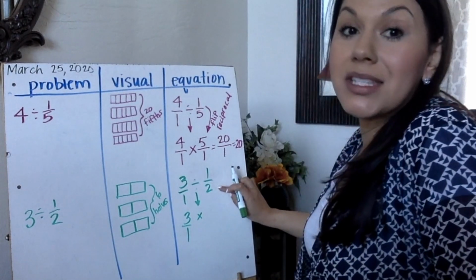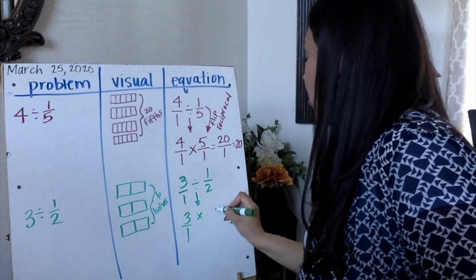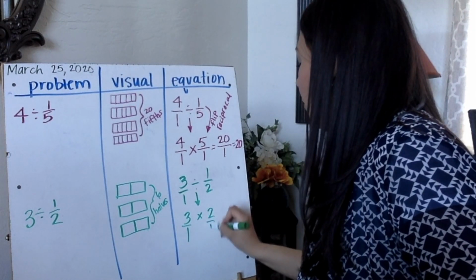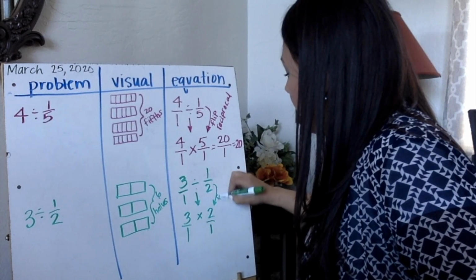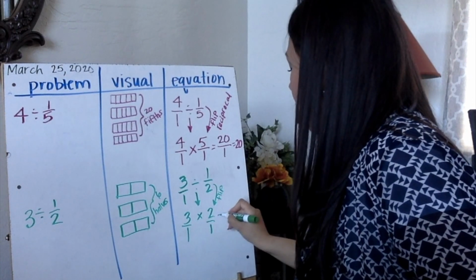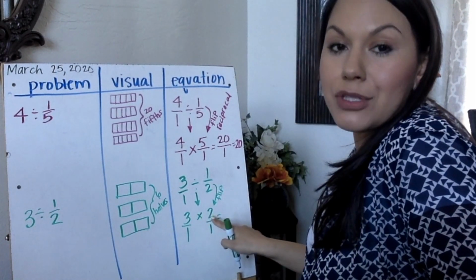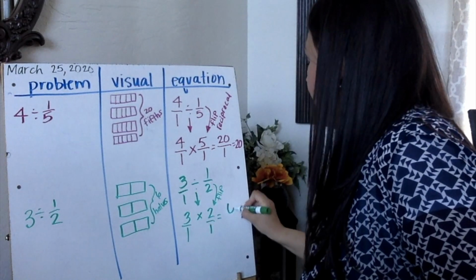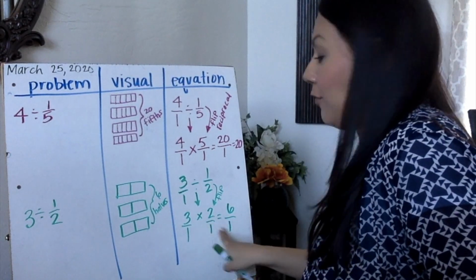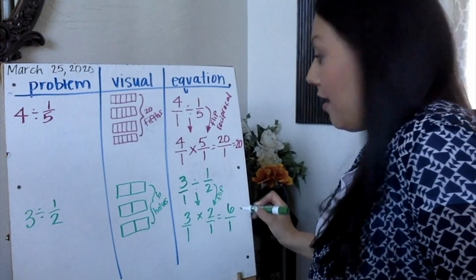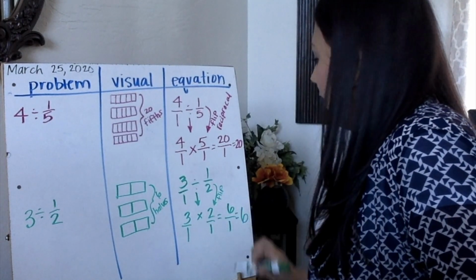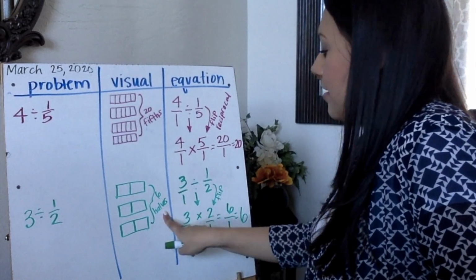We need to find the reciprocal of 1/2, which is going to be 2 over 1. All right. Flip. Okay. 3 times 2, 6 over 1. How many times does 1 go into 6? 6 whole times. There you go. 6, 6.